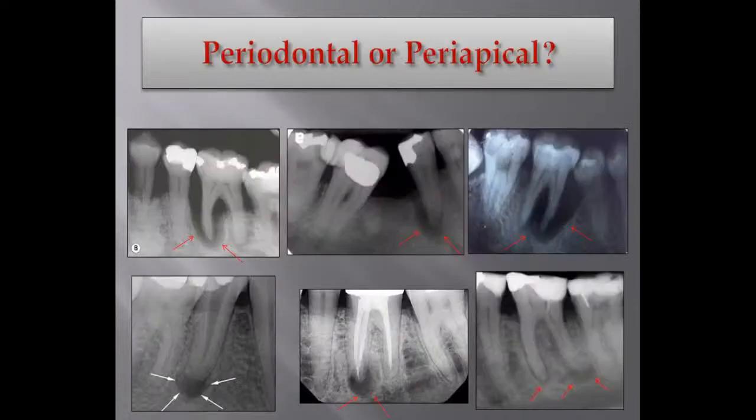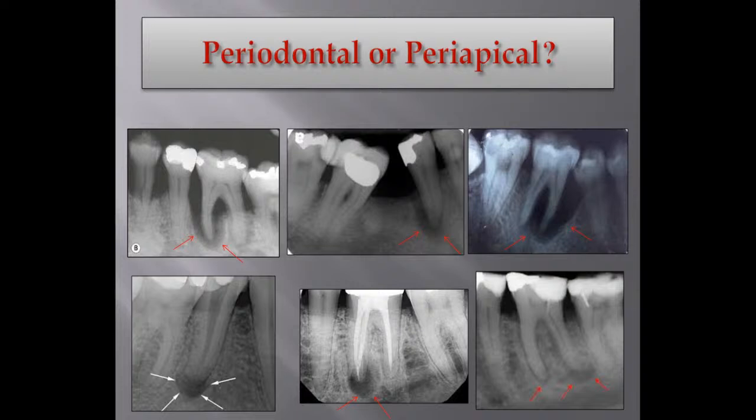And on these X-rays, on the upper films, you can see periodontal abscesses, and on the lower part, you can see periapical ones. Here, if you try to understand the difference, you can see it very well. Let's talk about the upper X-ray.